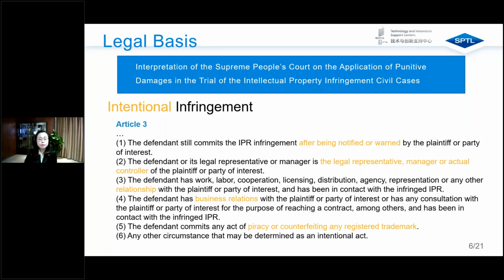The defendant has business relations with the plaintiff or party of interest, or has had any consultation with the plaintiff or party of interest for the purpose of reaching a contract, among others, and has been in contact with the infringed IPR. 5. The defendant commits any act of piracy or counterfeiting of a registered trademark.